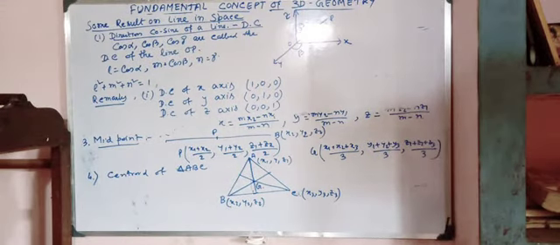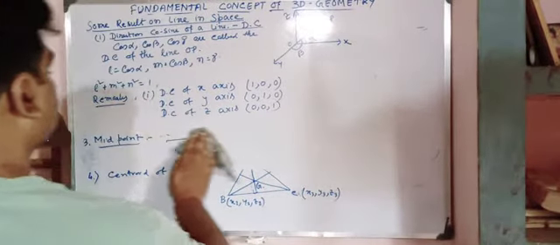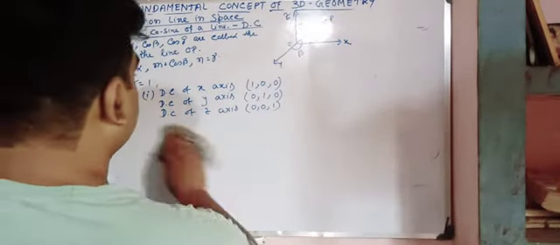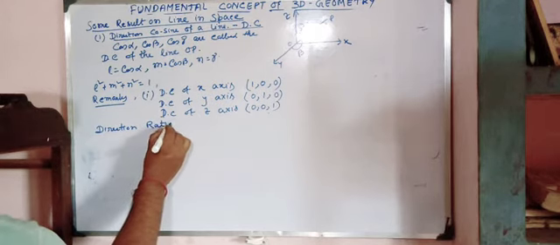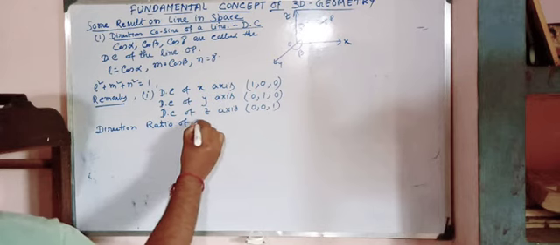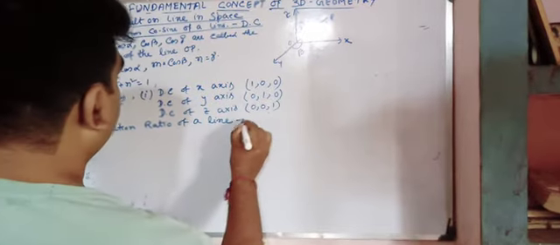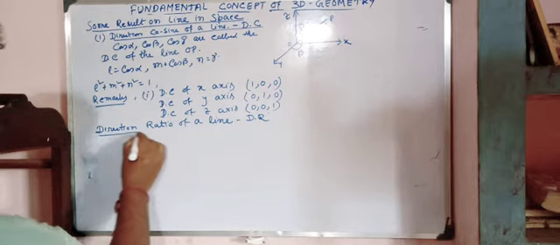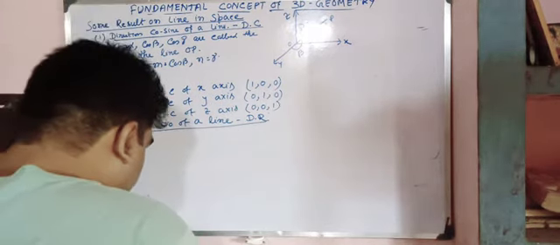So next, let us move to the direction ratio, or DR, of a line. What is the direction ratio?